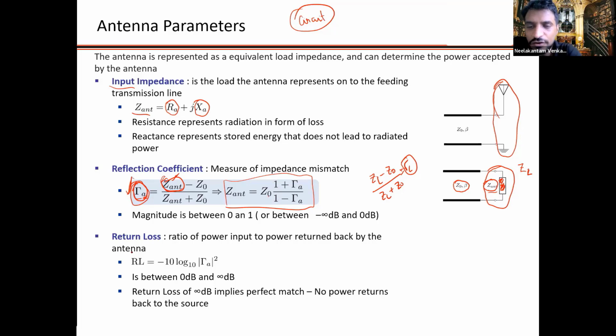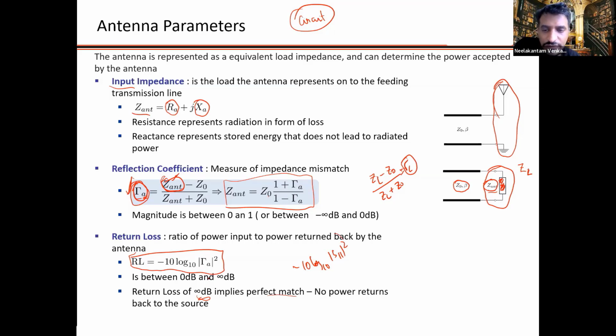So having this reflection coefficient, we can define the return loss. Higher return loss means there's a perfect match, meaning all the power is getting accepted. What is getting returned is very low. So exactly what we defined as return loss earlier, 10 log 10 of S11 squared, S11 being the reflection coefficient for a single port device.